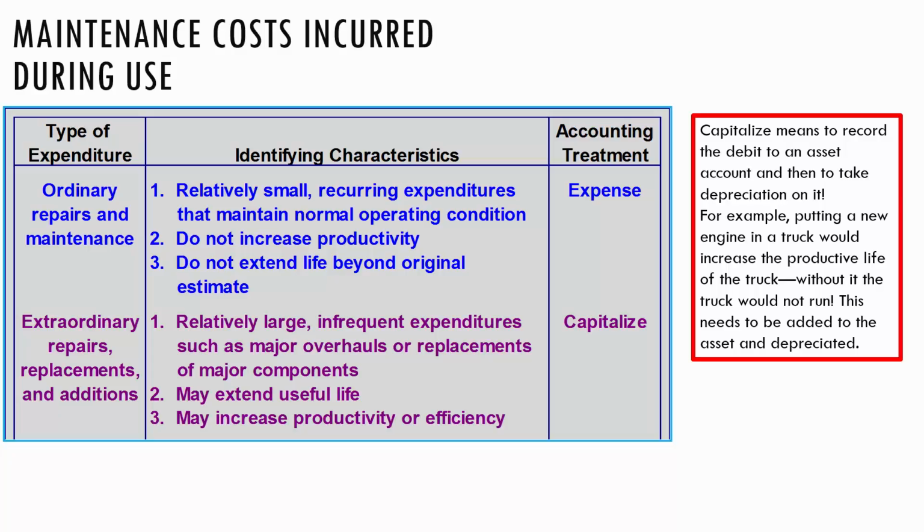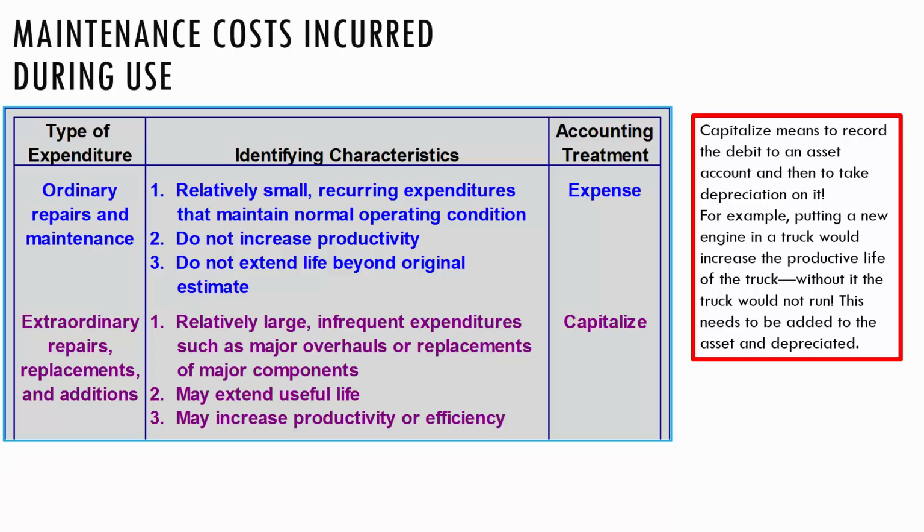Over here I talk about putting a new engine in a truck. A new engine in a truck is necessary so that the truck can continuously be used in providing, say, delivery service. So it is a necessary expenditure, and yes, an engine would be considered a major expenditure.